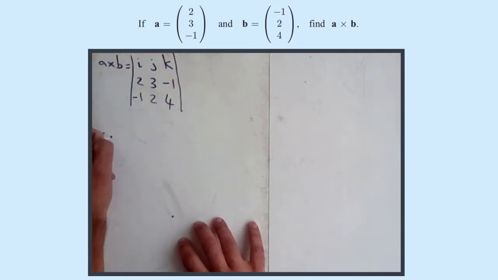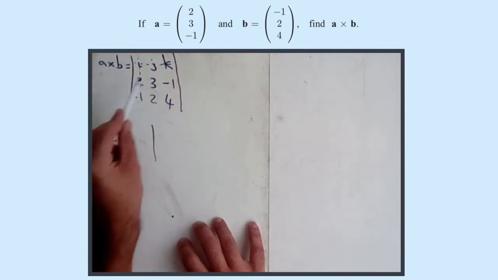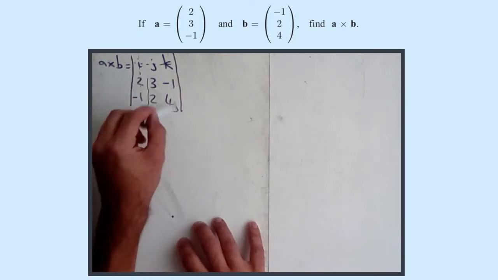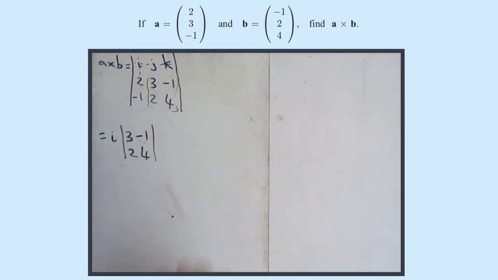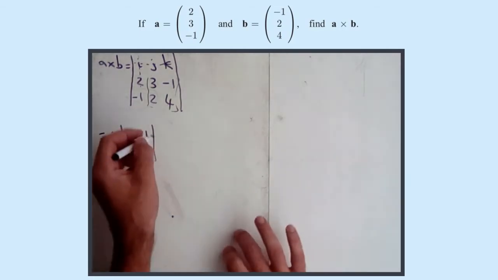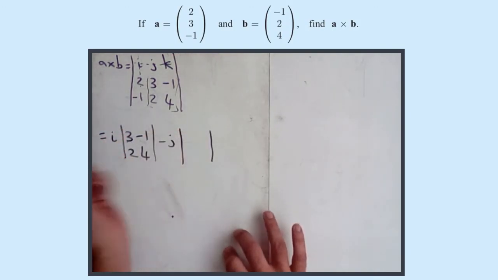So the way to do this, you write i times the determinant of... basically, if you cover out everything in i's row and column, you're left with 3, -1, 2, 4. So we write that in. And you alternate, so it's i, then minus j times the determinant of everything not in j's row or column.